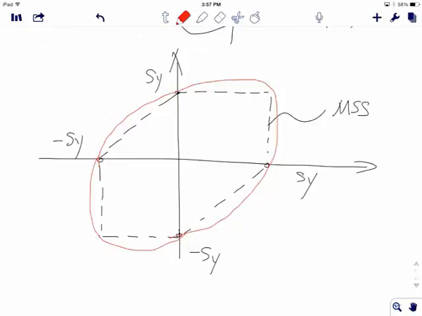Oh, I didn't draw very well. It's an ellipsoidal shape right outside of the maximum shear stress box. Let me try to do it again. Alright, this is better. Anyways.